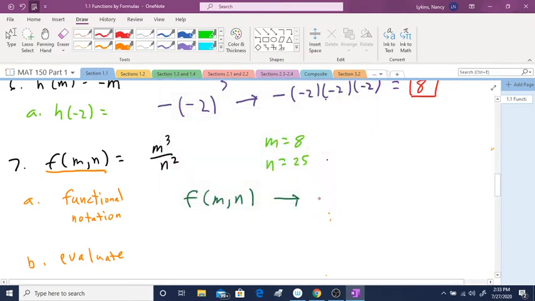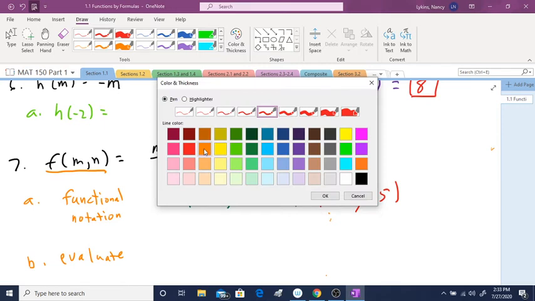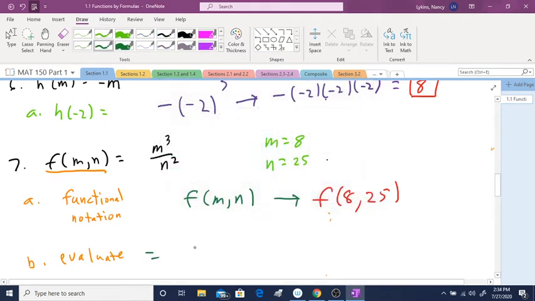So in this case, this would be f, m is 8, n is 25. Now to evaluate it, that's when you would substitute those values in to get an answer. So if you evaluate this, you would get m, so 8 to the third over 25 to the third.